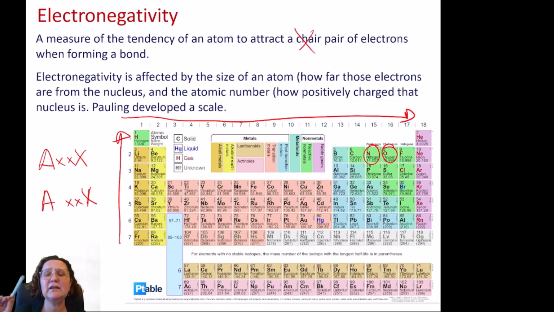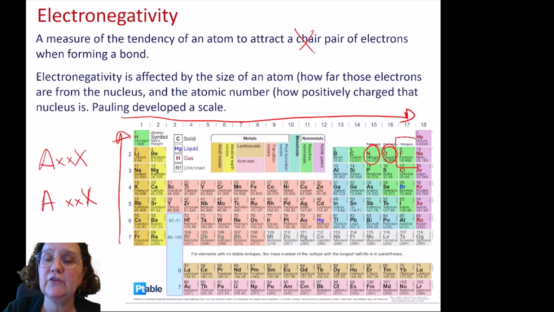Again, hydrogen and helium, because they're so small and because helium doesn't react, doesn't have any compounds whatsoever, are out of the equation. So the most electronegative atom of the whole periodic table is fluorine.